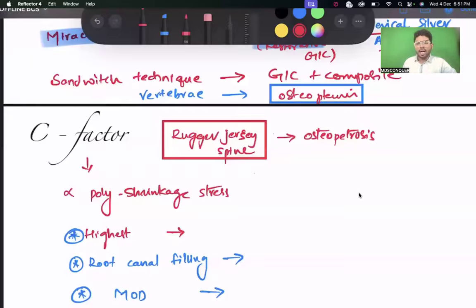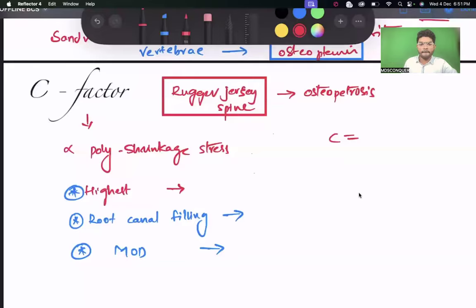Very nice. And I hope most of you are familiar with the C factor. Can you tell me the formula of C factor? It is bonded surfaces by unbonded surfaces.